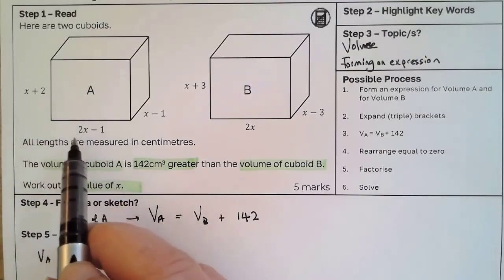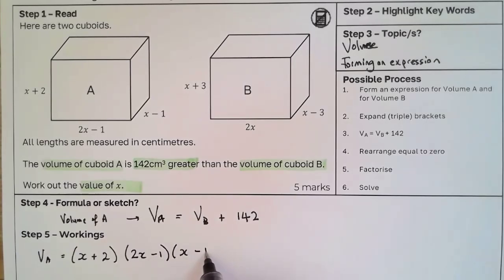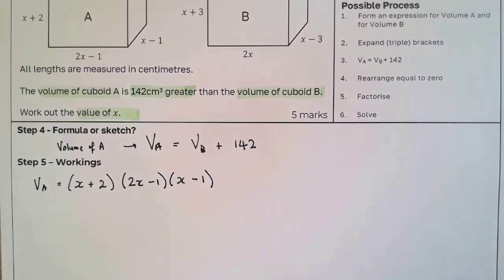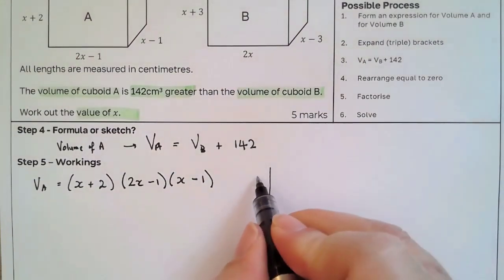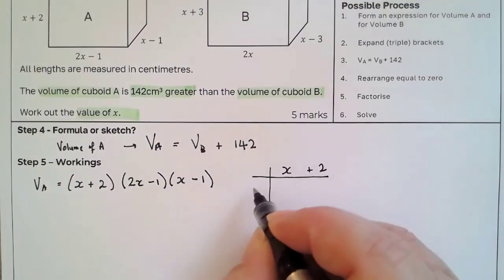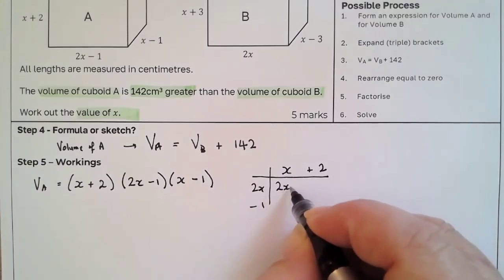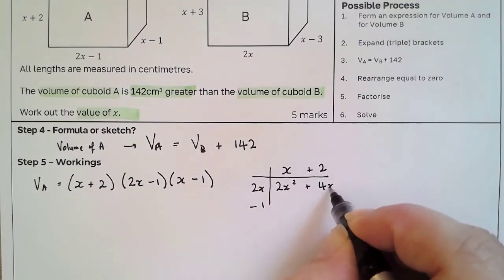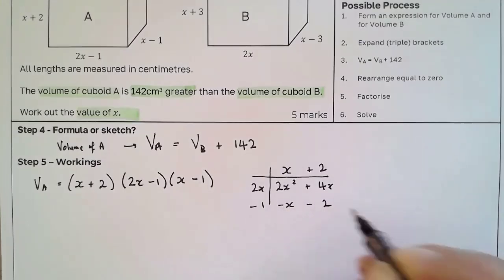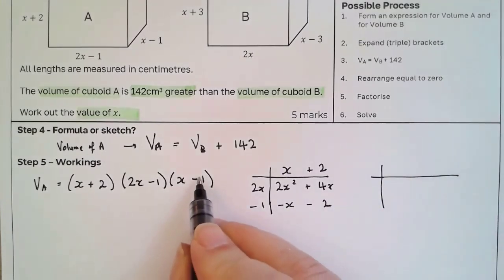I'm multiplying together all of these lengths. Triple brackets. The best way I know of multiplying triple brackets is to use a grid method. You use whatever works for you. And then I'm going to transfer the last bracket.